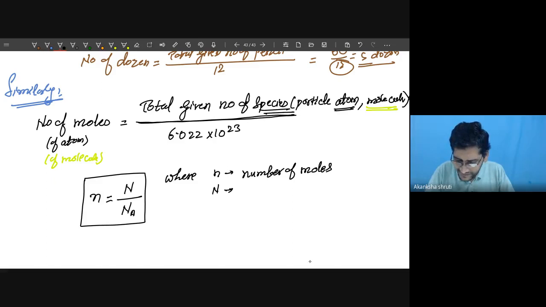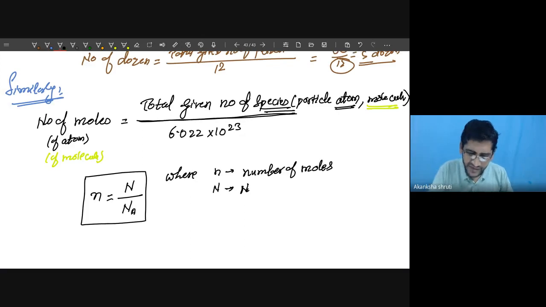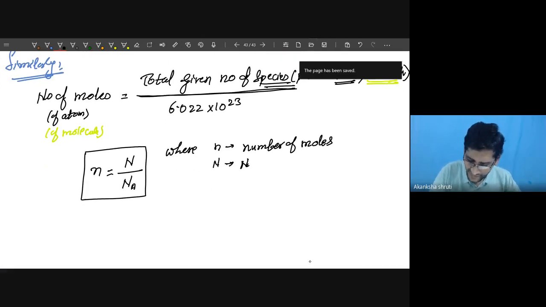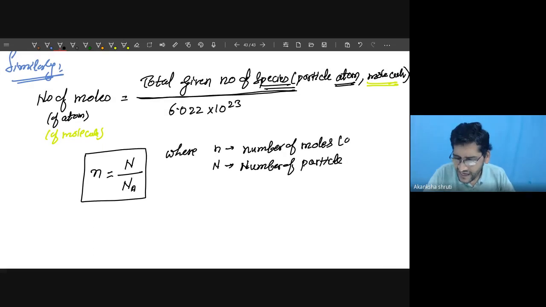So if we are considering the atom, then this particle should also be taken in terms of atom.